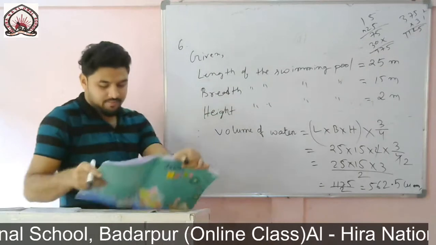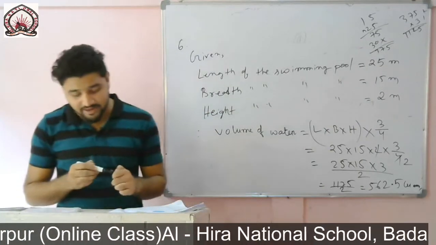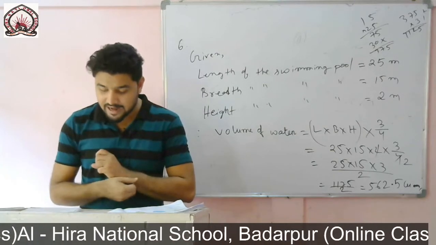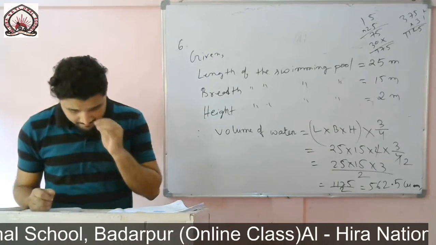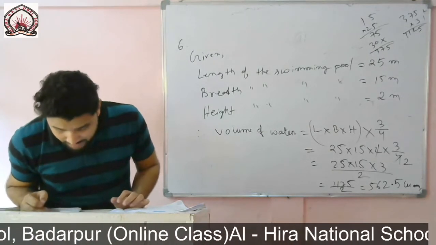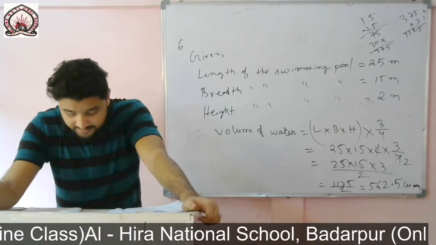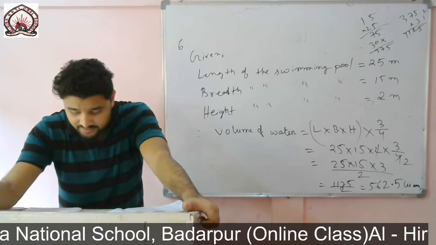Now come to question number 7. A biscuit packet of length 14.4, breadth 10 centimeter and height 6 centimeter contains 36 biscuits.